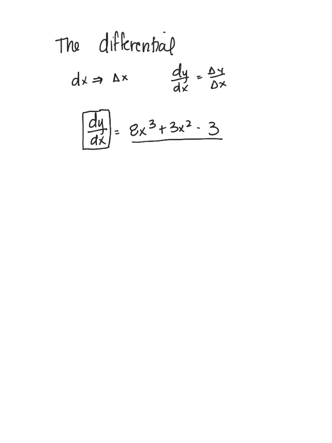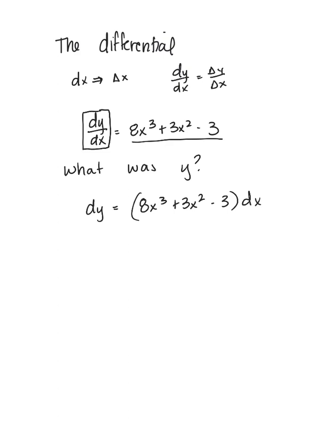Well, what if I want to know what y is? Well, I can say dy is the same as 8x to the third plus 3x to the second minus 3 dx. And then because both sides have a differential now, I can find an integral.